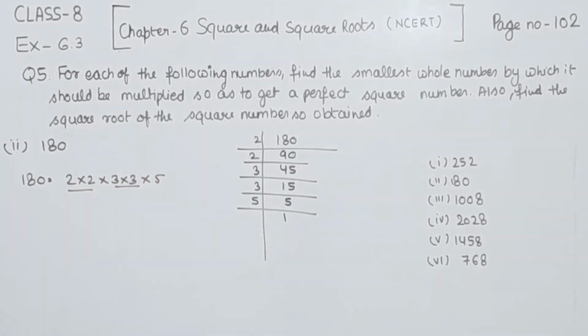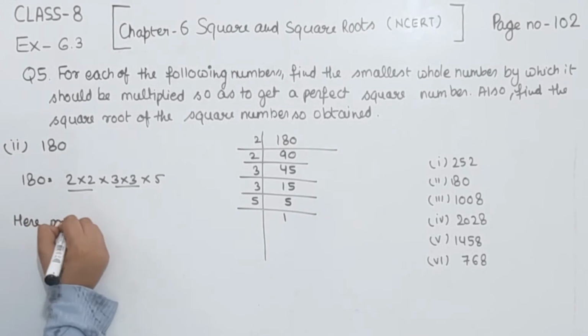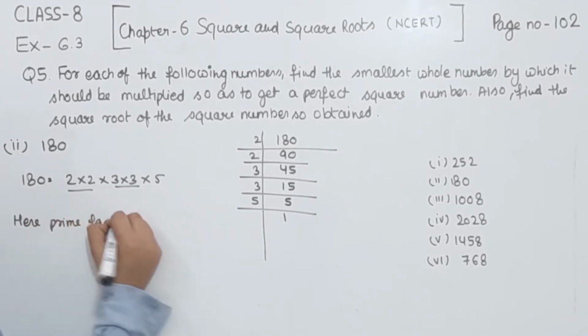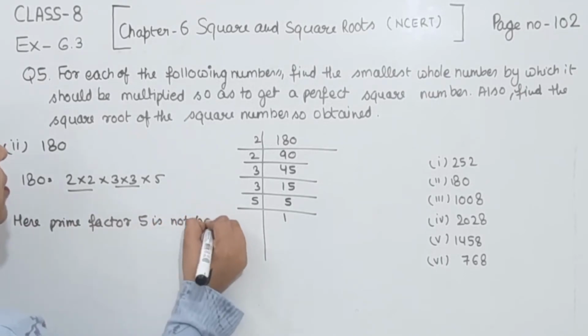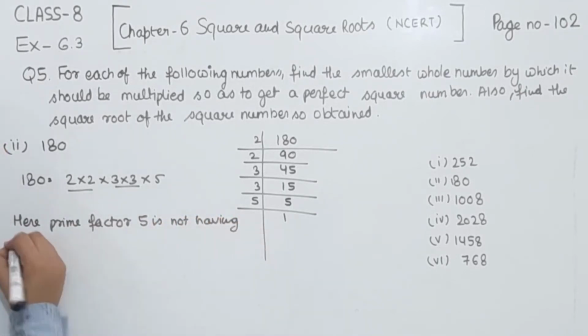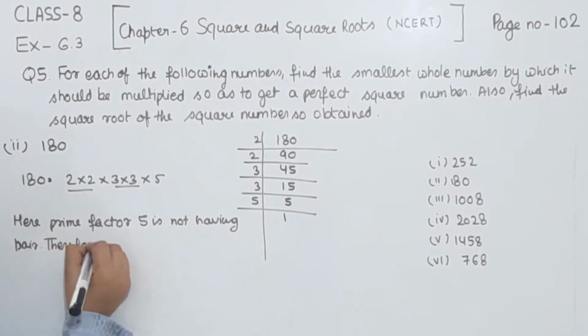So we are not having the pair of 5. So we are going to write here, prime factor 5 is not having a pair. Therefore, we have to multiply it by the 5.